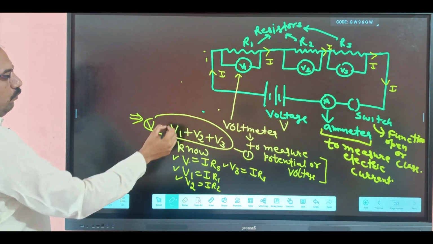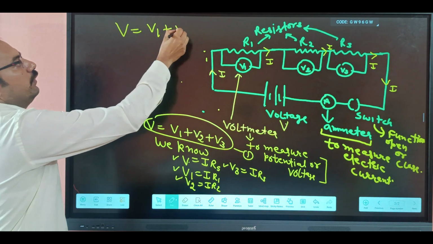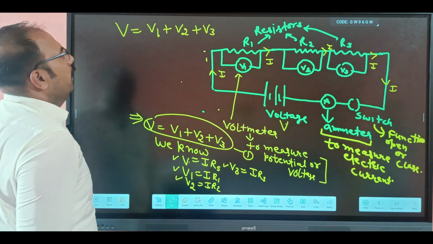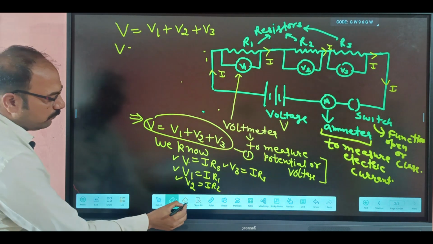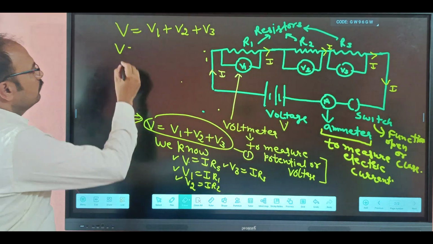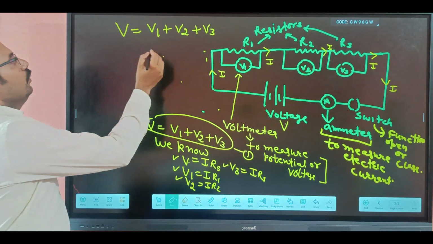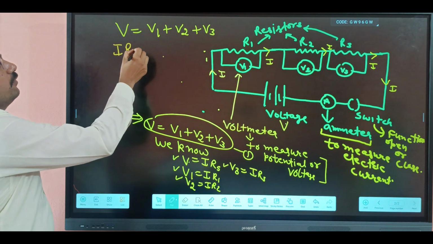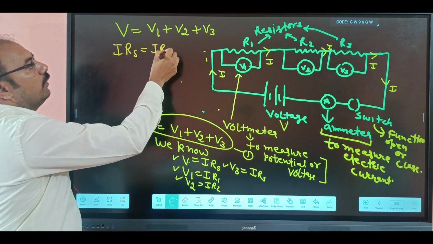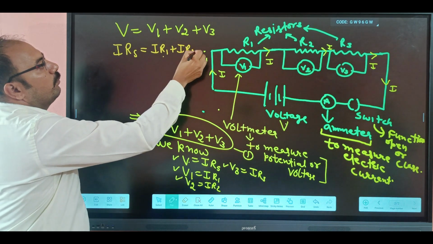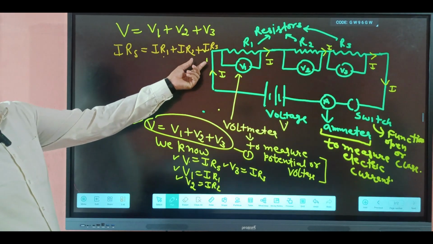So if we put V is equal to IRS, and V is equal to V1 plus V2 plus V3, and the value of V is IRS, and put the values of V1, which is IR1, so this is equal to IR1 plus IR2 plus IR3. From this equation we take I common.